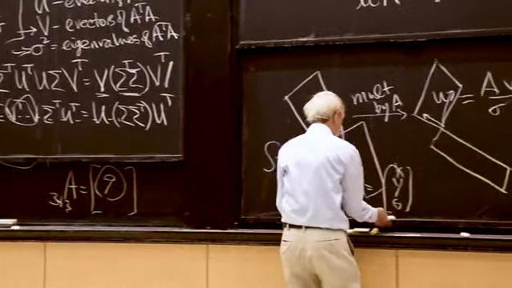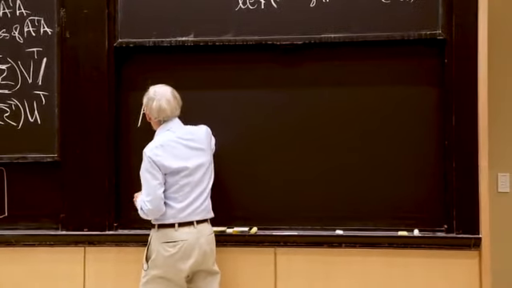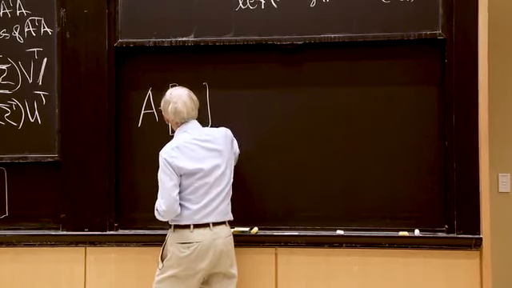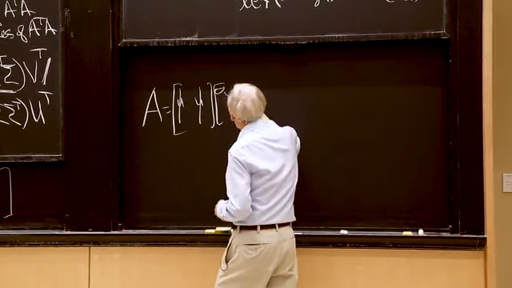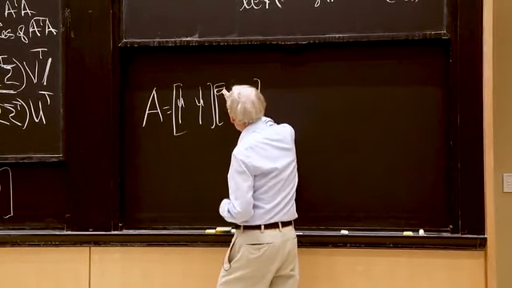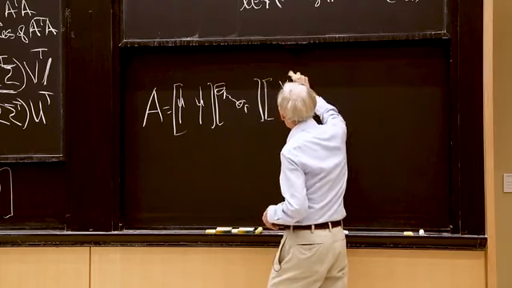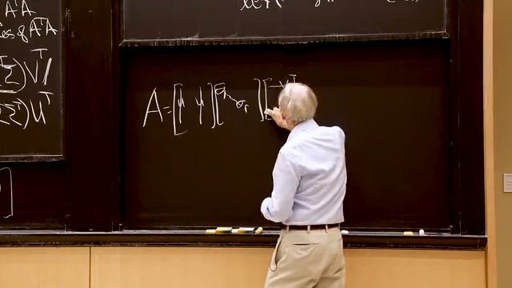So let me write out A is the U's times the sigmas, 1 to R, times the V's, V1 transpose down to VR transpose. So those are across.